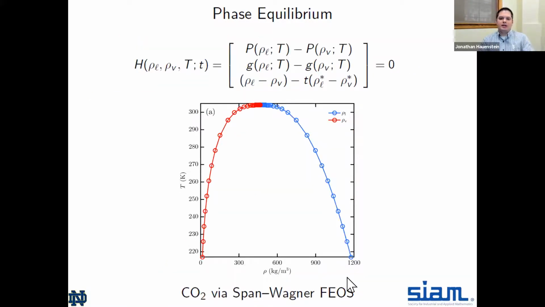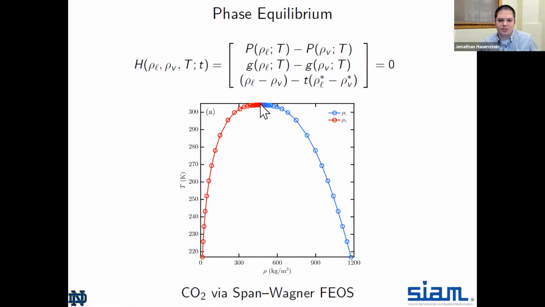Okay, so here's a plot of applying this to carbon dioxide. We use the Span-Wagner fundamental equations of state, which are the commonly used ones for carbon dioxide. And each of these points is a point that, say, Bertini tracked along these curves in order to highly approximate the accurate critical temperature here.